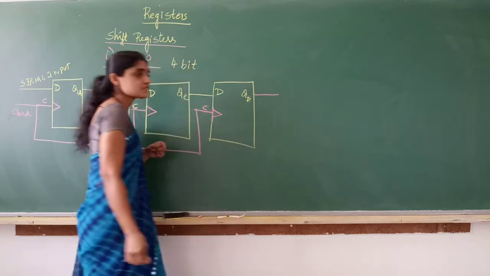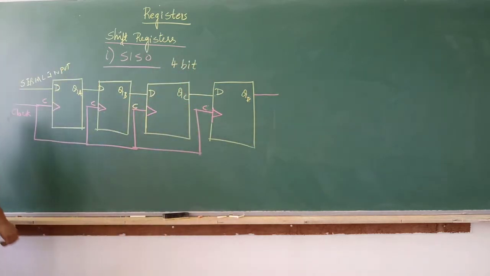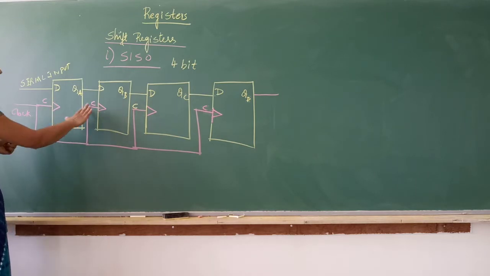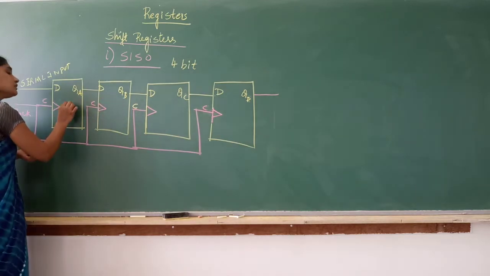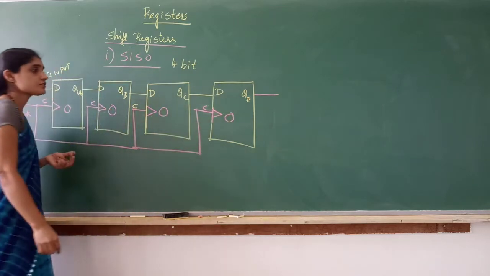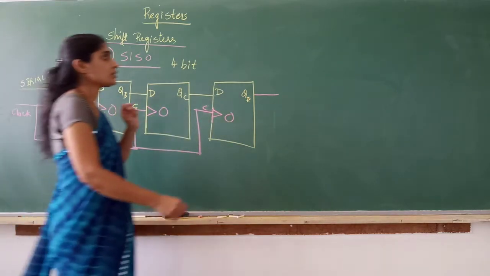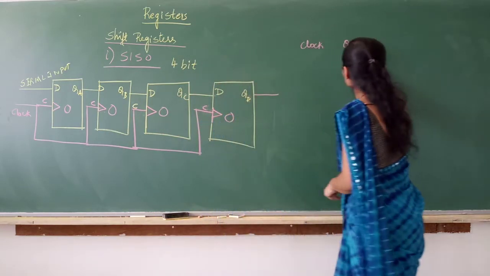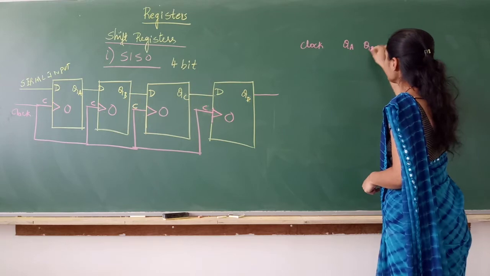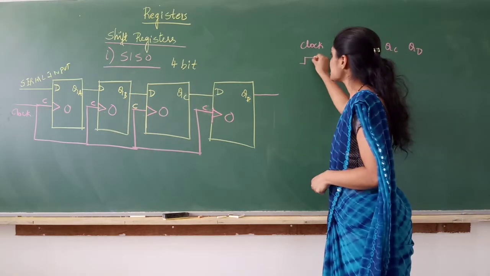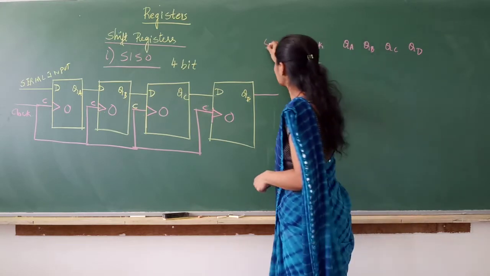How will this work as a serial in, serial out register? To explain, let me assume the initial content of these flip-flops as 0, 0, 0, 0. I'll write here clock, QA, QB, QC, QD, and one more, serial input.